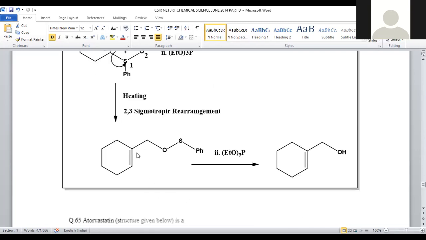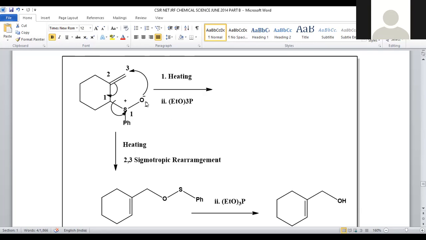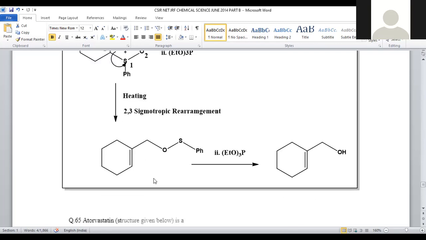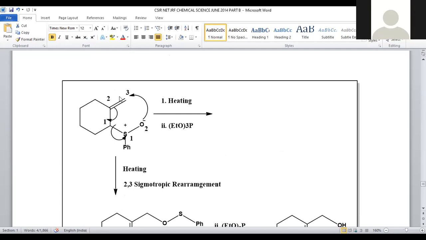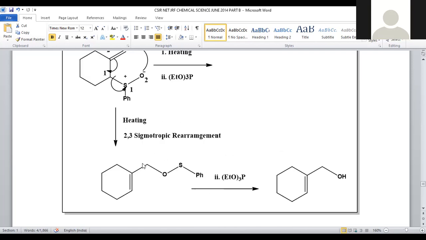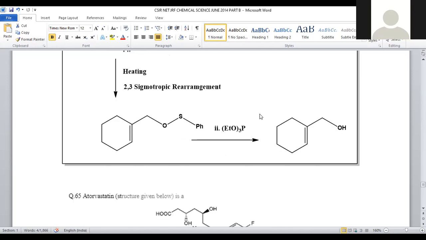And this group is now shifted towards this side due to a 2,3 sigmatropic rearrangement upon heating conditions. So within the ring structure we got a double bond, and CH2OSPh got generated in this terminal. This entire group is shifted towards that side.